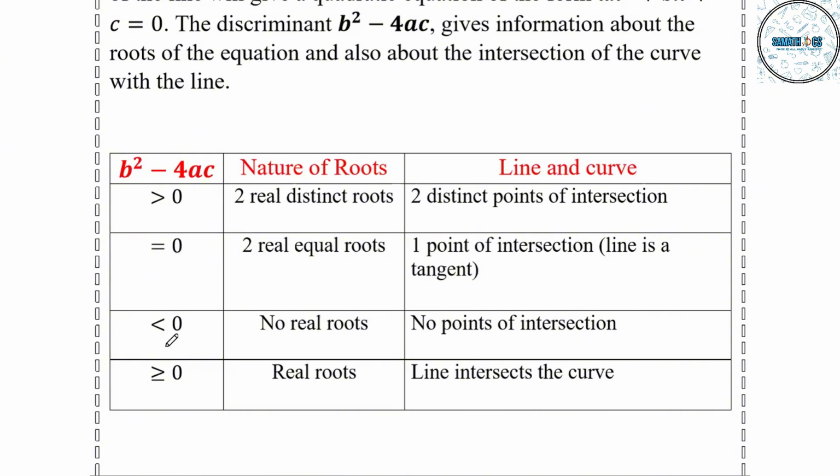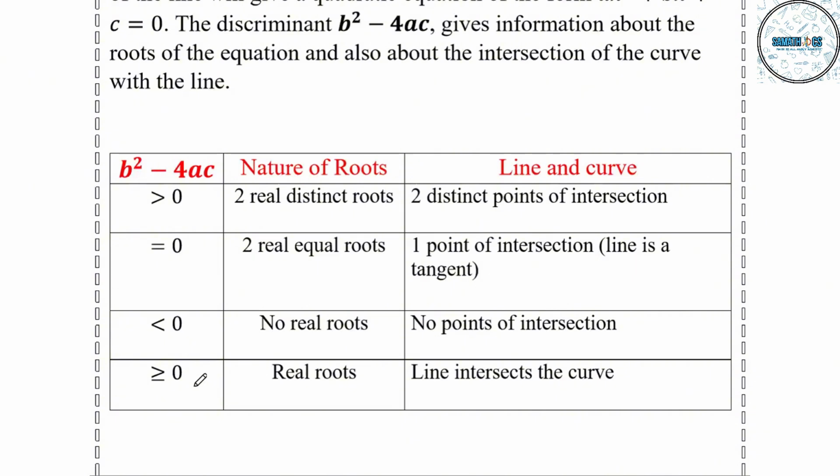When b square minus 4ac is less than 0, meaning negative, there are no real roots, and the line does not intersect the curve at any point. We can say there is no point of intersection.